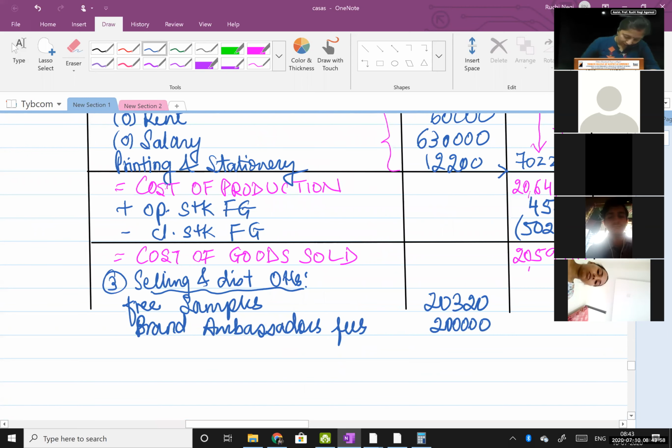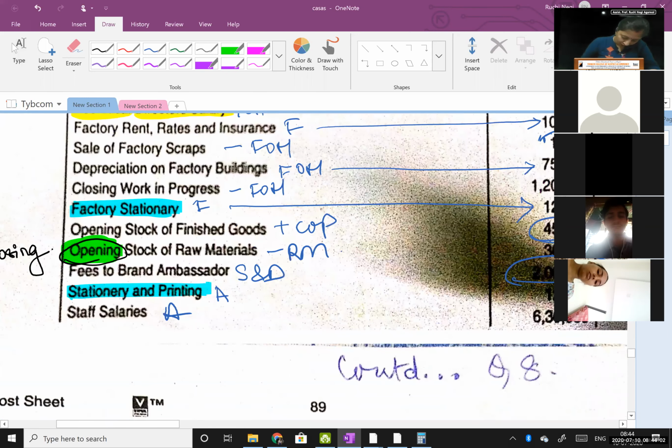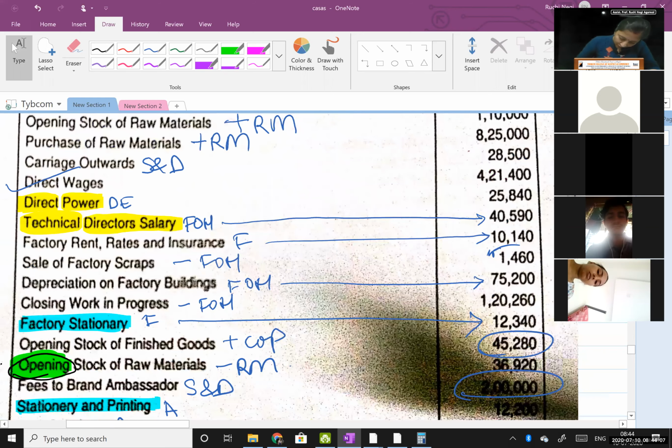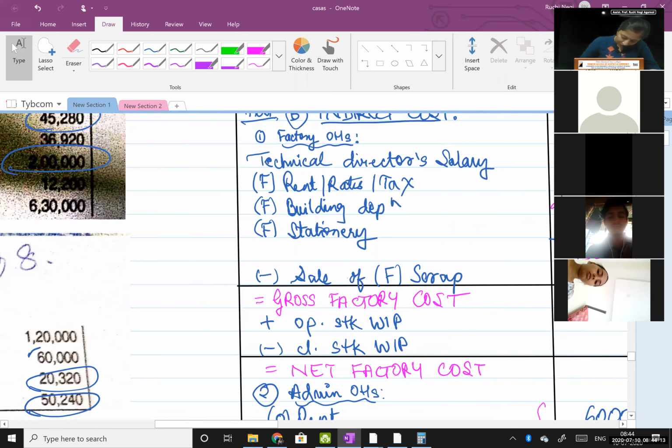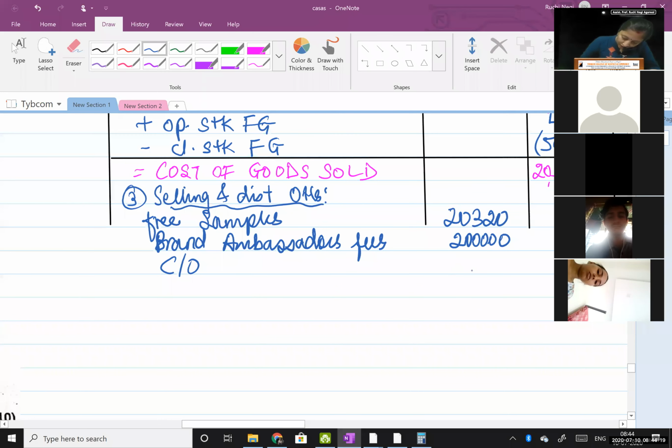Next, this is also done. Carriage outward, 28,500. Okay. Then what do we get?